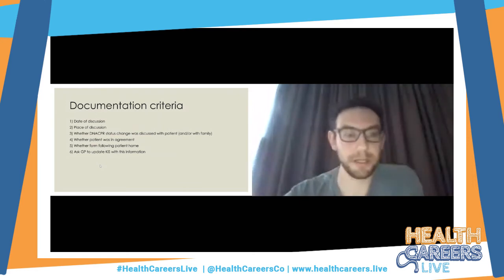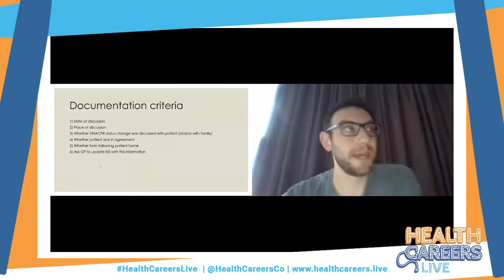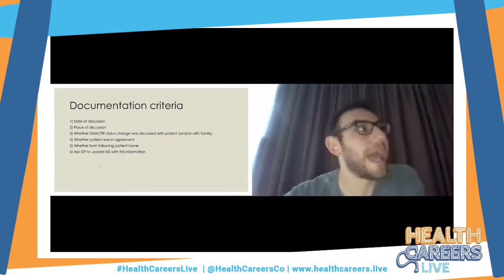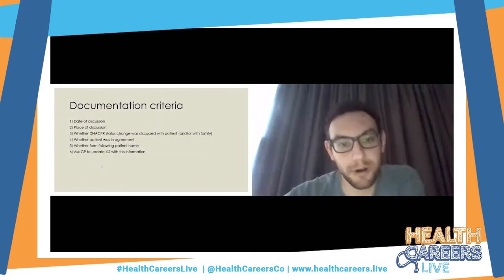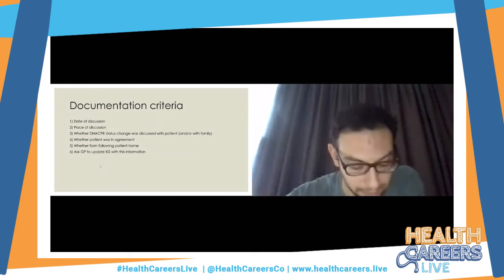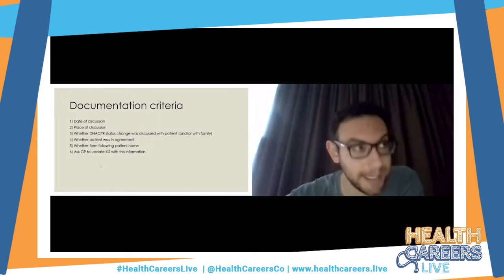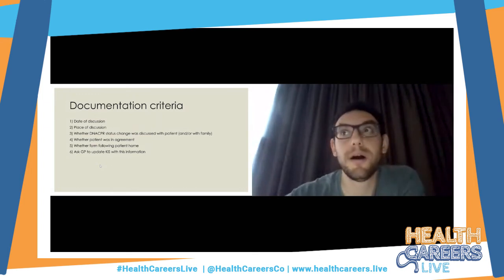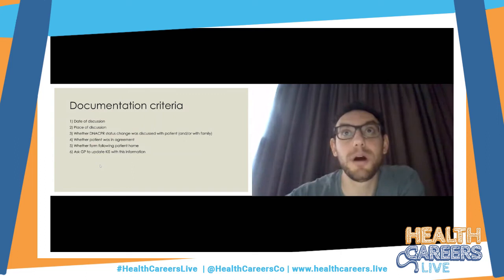So we had our criteria, and then what we did is we picked one of our general medical wards, and we measured over a week all the patients that had been discharged. We looked at their discharge summaries, and first we counted the amount of DNA CPR status changes.